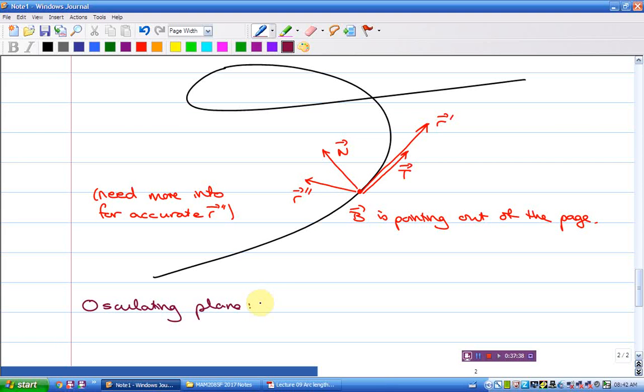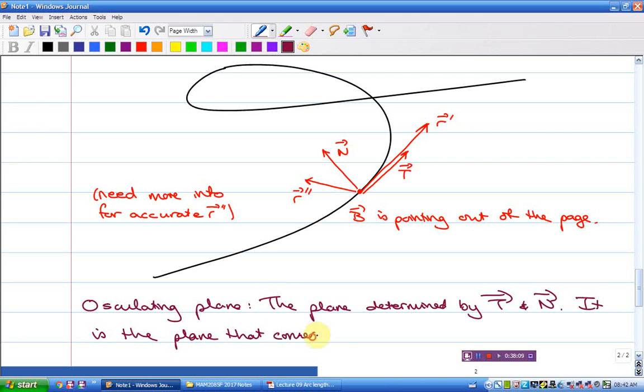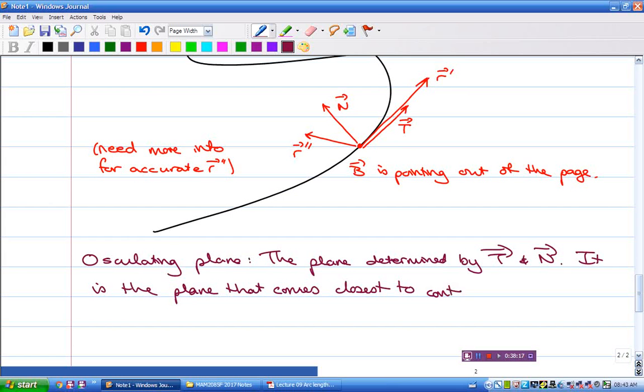In the context of that set of orthogonal unit vectors that I've described with N and T and B, the osculating plane is the plane determined by T and N. It is the plane that comes closest to containing the part of the curve near your point of interest, wherever it is that you're doing your calculations.